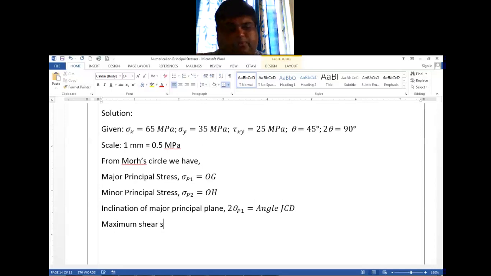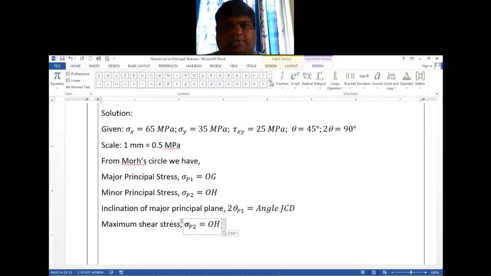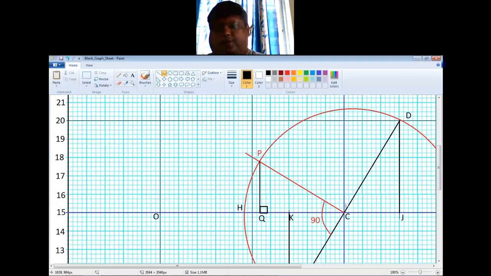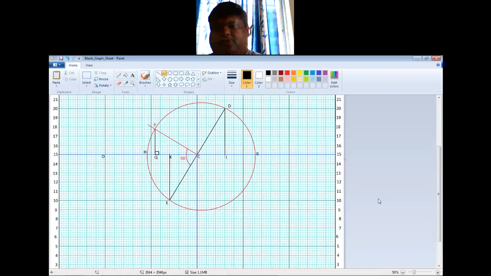Maximum shear stress, tau max. So tau max is the radius of this circle. Now what is the radius of this circle?